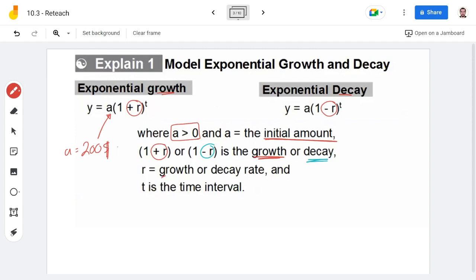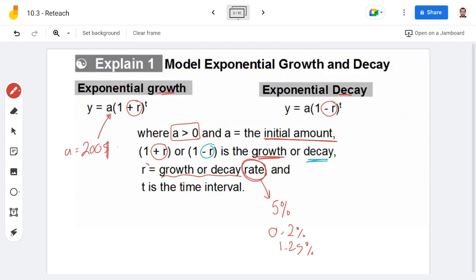R means the growth or decay rate. The rate can sometimes be written as a percentage, which means 5%, 0.2%, 1.25%. So R is the rate, and it can be written as a percentage.